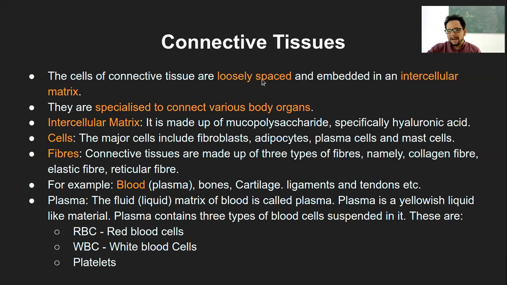These are loosely packed or loosely spaced cells with intercellular matrix, and muscles have a totally different arrangement. At the same time, epithelial cells are very tightly packed and are present at the inner lining or external surface and so on. So that way we will see. At the end, I will give you a brief of all these four, so you will have more and more clarity of whatever we have seen throughout. Okay.